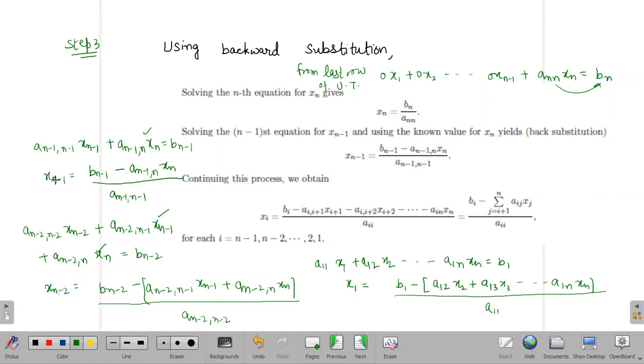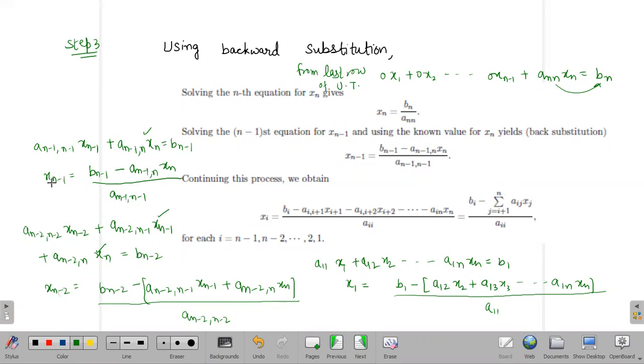Because in n minus 1, there is one entry. In n minus 2, there are two entries. In 1, you got n minus 1 entries. So to write i, you have to take n minus i entries here in the summation. So j will run from i plus 1 to n, aij into xj divided by aii.